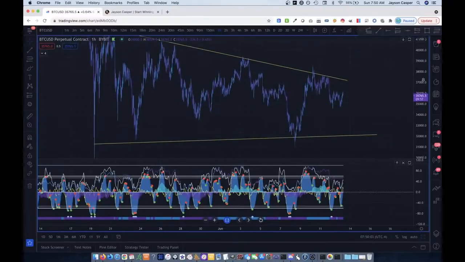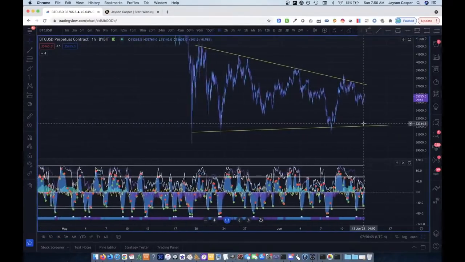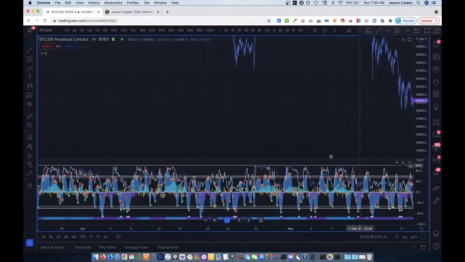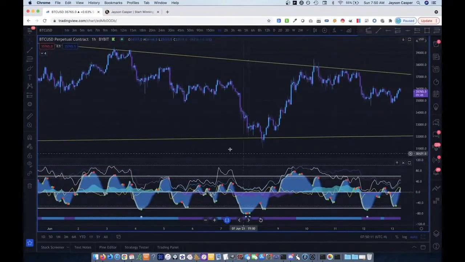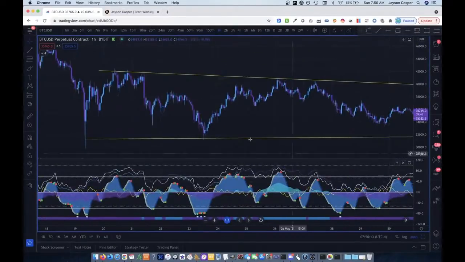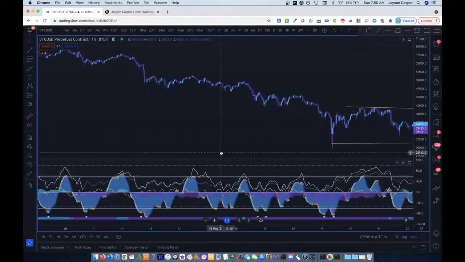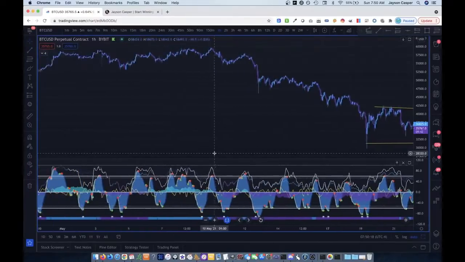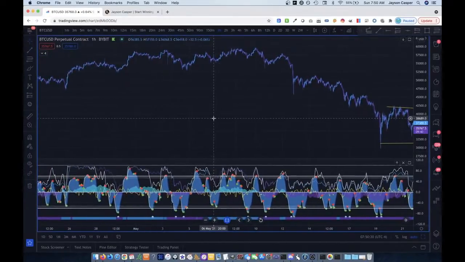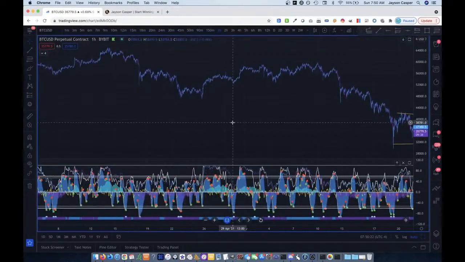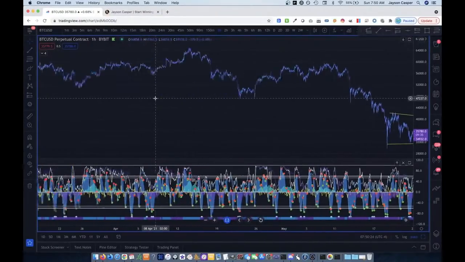Now, remember, we're dealing with sideways markets here. So this is not the strategy to use if you pull up the Bitcoin charts and you see something like this, which is a clear downtrend.